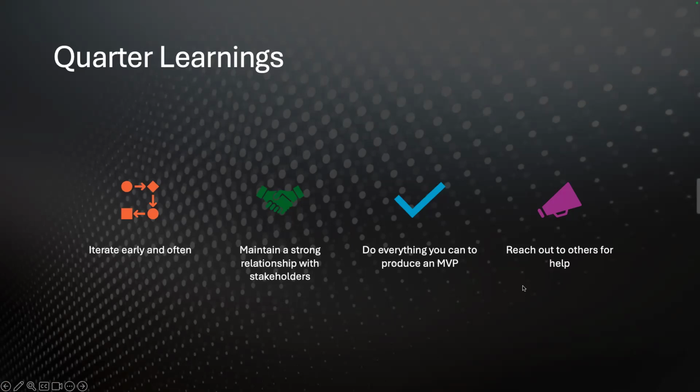Okay, and the last one is reach out to others for help. This is something I've learned this quarter: reaching out to multiple people and getting their insights and perspectives on how to approach my issue or how they can help me achieve my goals in a timely manner.